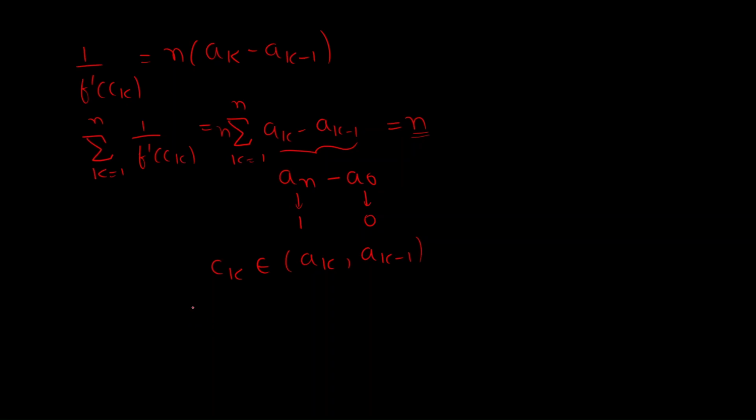So therefore we can say that there exist c1 till cn such that summation k equal to 1 to n of 1 by f'(ck) is equal to n. I hope everyone understood. Now let's move on to our next question.